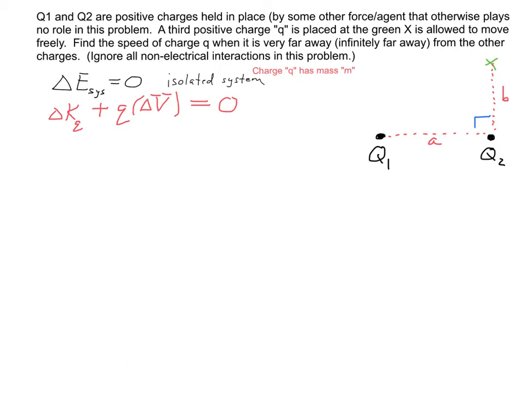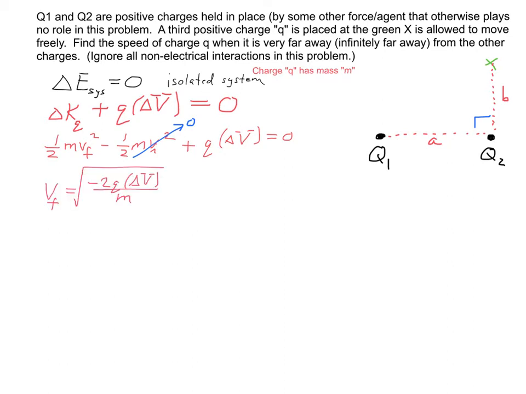So let's expand this out using the formula for kinetic energy right here. We can note that the initial kinetic energy is 0 because this charge q is initially at rest when we place it at the X. And then we can solve for the final speed, v sub f, of the little charge q when it is really, really, really far away.